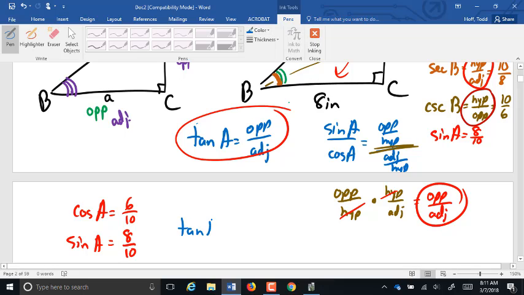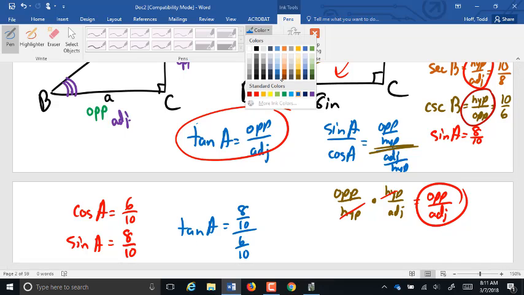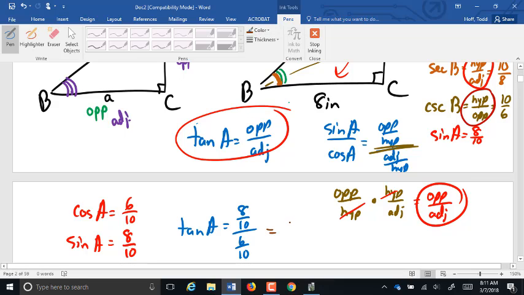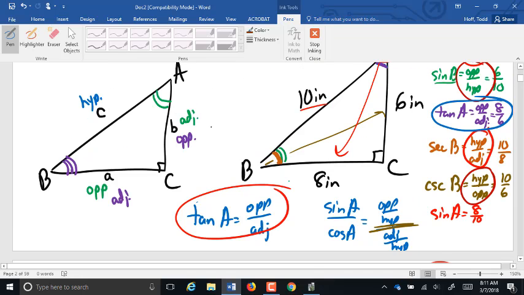If I were looking for the tangent of A, I could just do sine over cosine, right? So that's 8 over 10 times 10 over 6, which is 8 over 6, which was tangent.